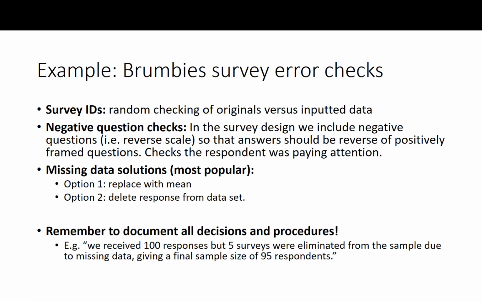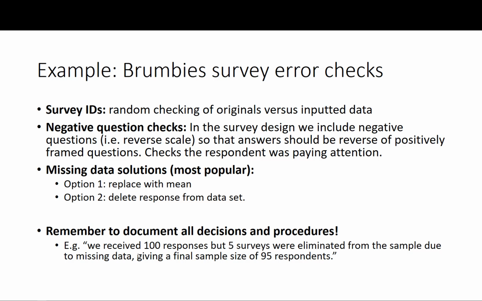In the design, I had those questions that were negatively coded, or they were negatively phrased questions, that need to be reverse coded. These can be used to make sure that respondents were paying attention, because if they're giving all positive responses, 4 and 5, to the positively framed questions, then they should be giving responses in the 1s and 2s to the negatively framed questions.